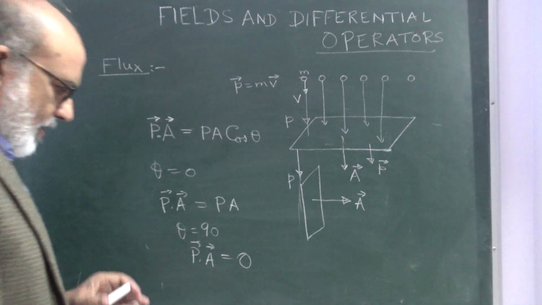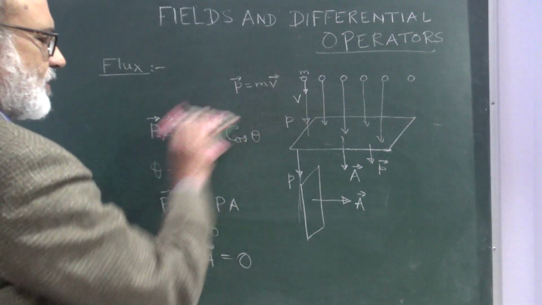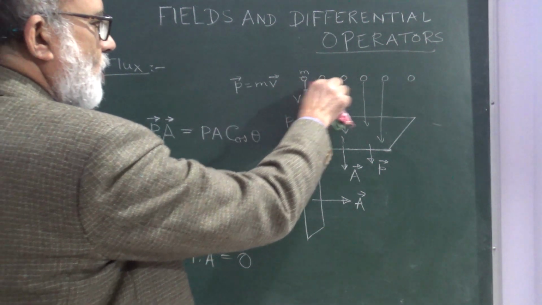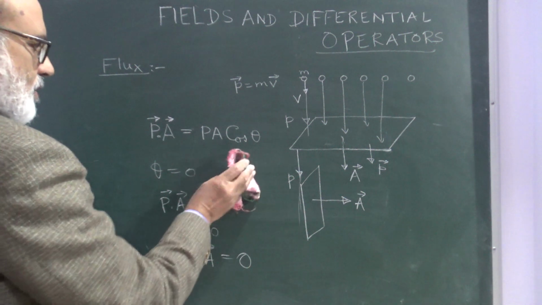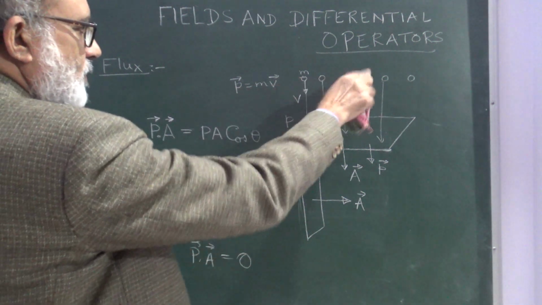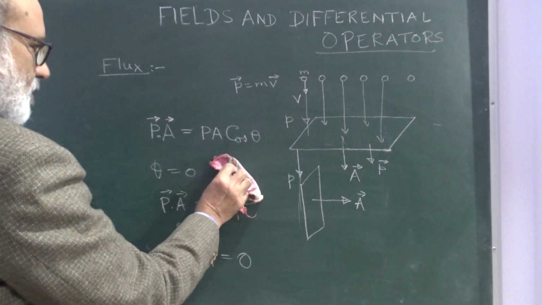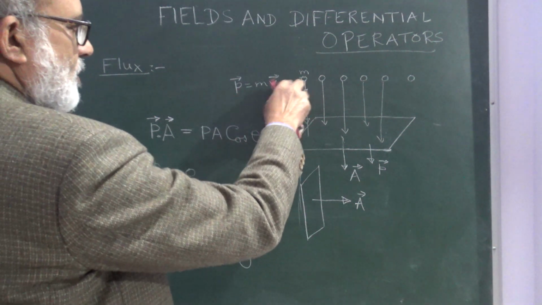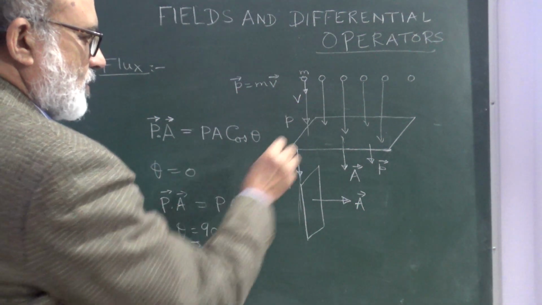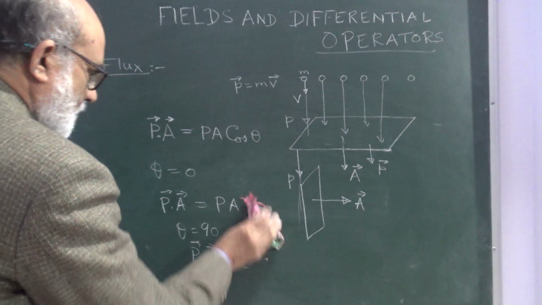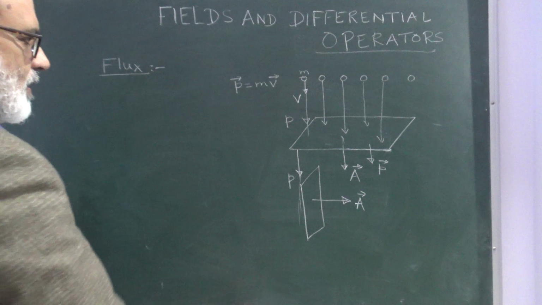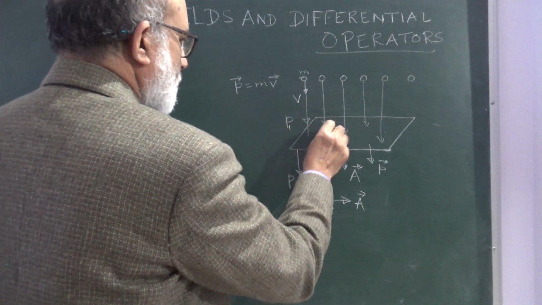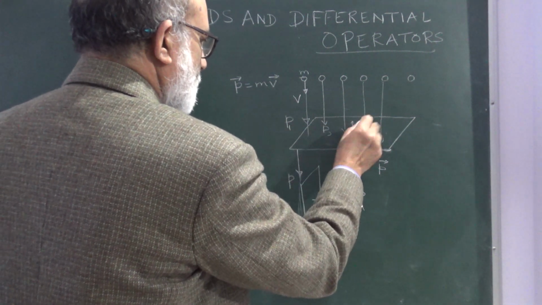Here we have assumed the mass of each drop the same and the velocity the same, but in general this may not be the same. If the momentum of all raindrops is not the same, then we divide the whole area. Suppose this is P1, this is P2, this is P3 and so on.